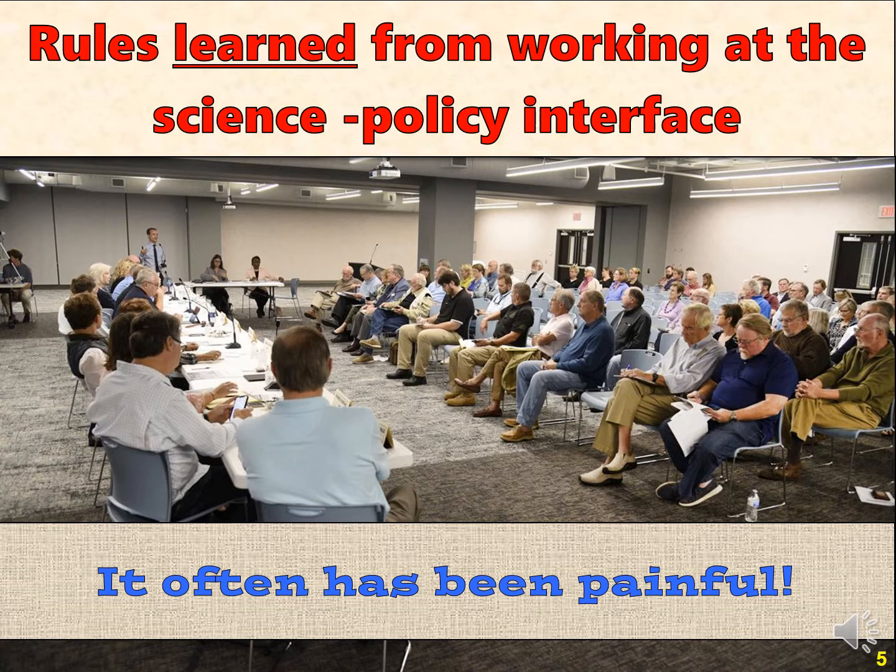I've learned a number of rules from working at the science policy interface over the years, and some of those learning opportunities were painful. And here's an example. Here we have a scientist at the table in the back left corner presenting to a group of policymakers, those are the ones sitting at the table in the front of the room, and to a group of interested folks who have some interest in the topic at hand.